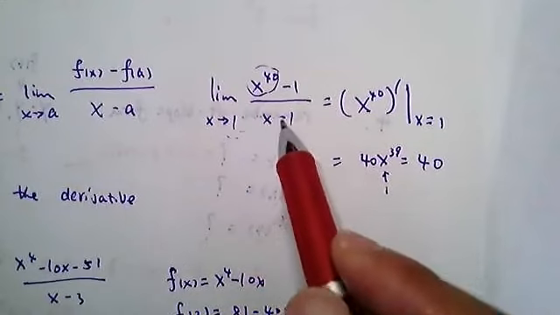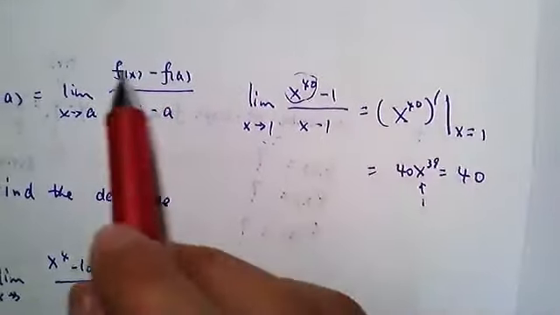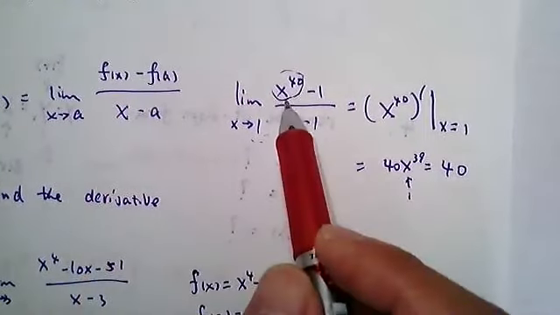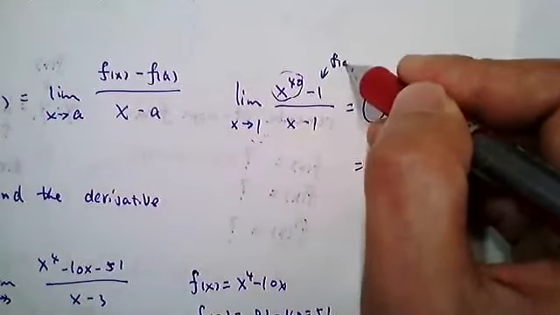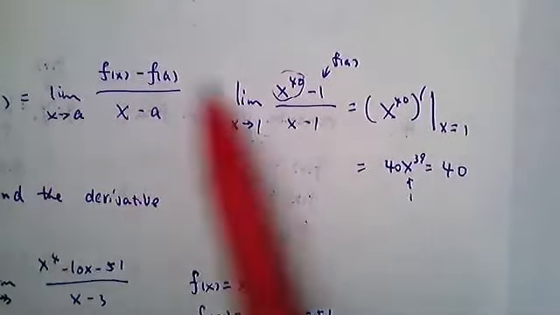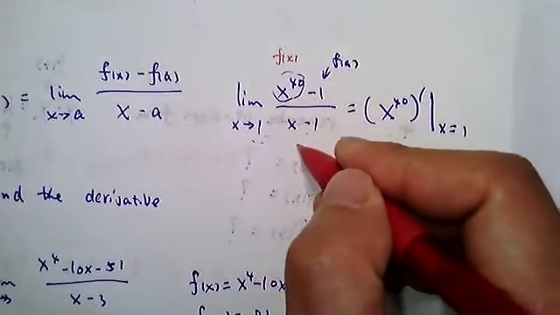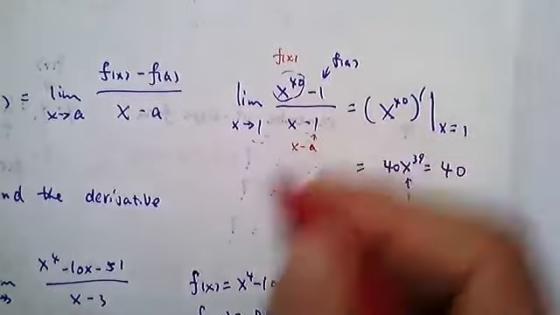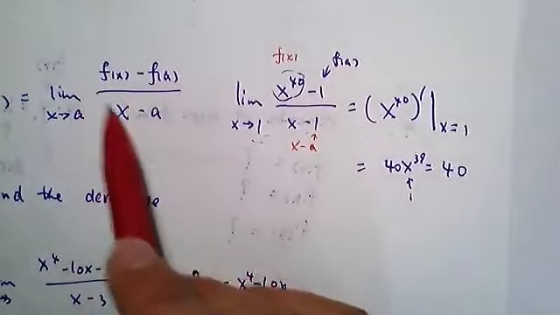Again, we notice that this is just a function, right? Function minus 1. And this 1 is just f of a in our rule here. So this is just f of x here, and this is x minus 1, which is x minus a in our rule here. So this falls into the category of this.